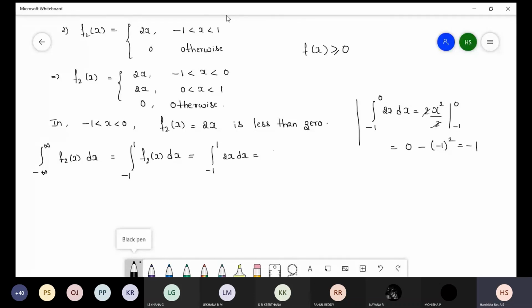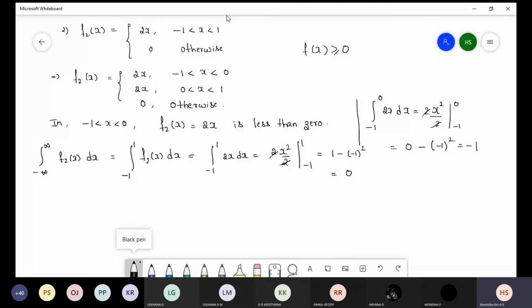Here again 2x square by 2. 2 will get cancelled, minus 1 to 1. So 1 minus of minus 1 whole square, that is equal to 0. That is equal to 0. So here both the conditions are not satisfied.